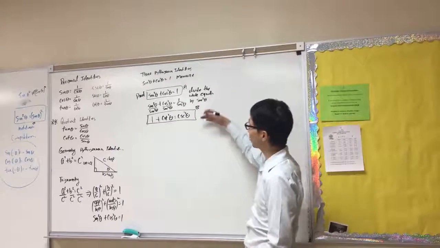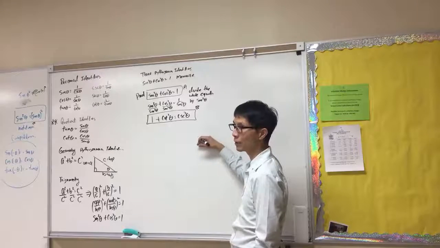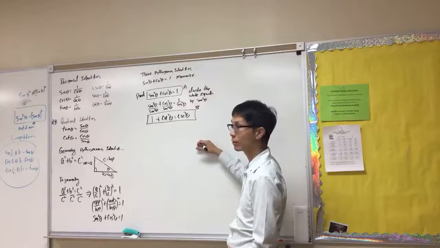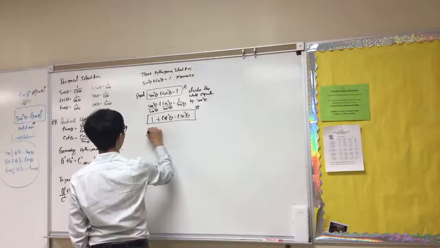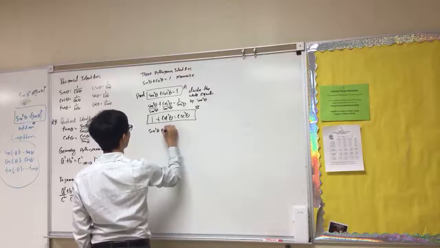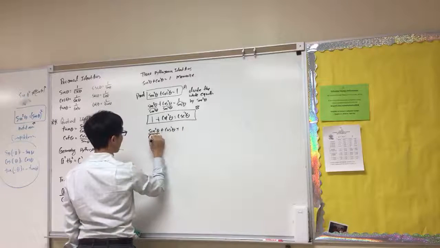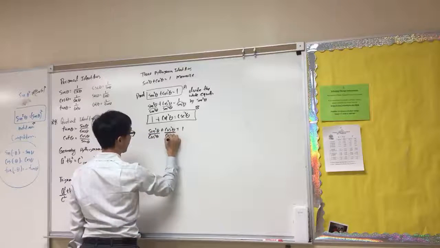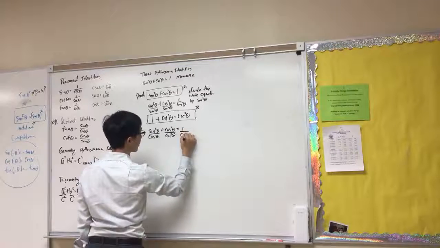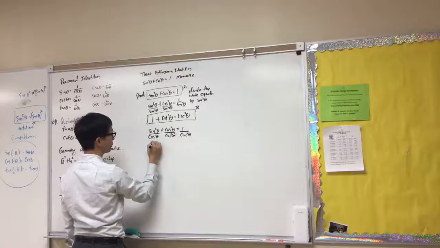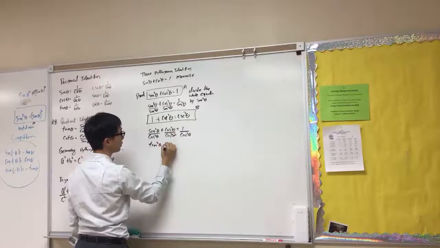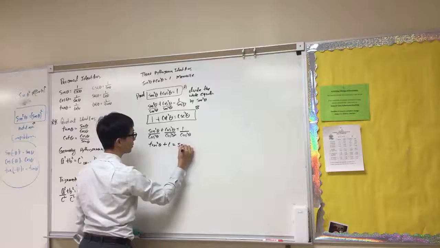So how do you get the other one? What do you think? You're going to follow the same thing. You're going to divide it by what? Cosine squared theta, right? So I'm going to take this function again, and I'm going to divide everything by cosine squared theta. That's equal to tangent squared theta plus 1 equal to secant squared theta.